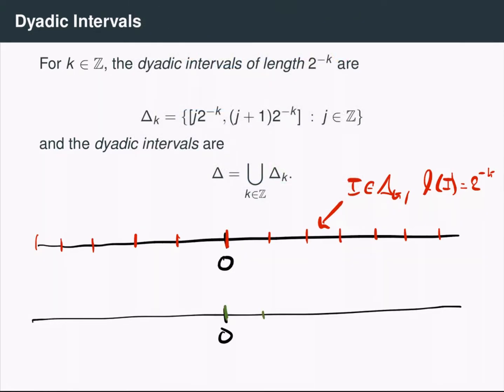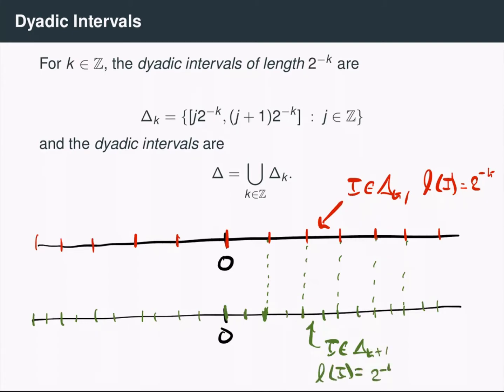Again, they start at 0 and tile the line. But because they have half the length of the intervals in delta k, every interval in delta k can be divided into two intervals from delta k plus 1, and so on and so forth. Every interval in delta k plus 1 has length 2 to the minus k minus 1.